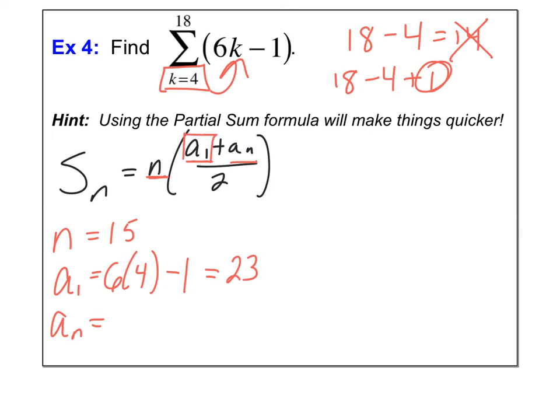We will substitute n equals 15 in the equation for the partial sum. And then a sub n is going to be the 18th term, the last one. 6 times 18 minus 1, which is 107, I believe.